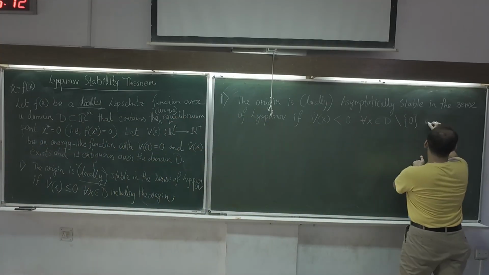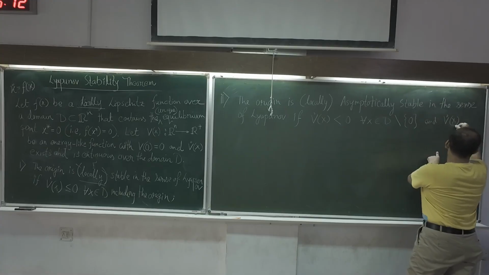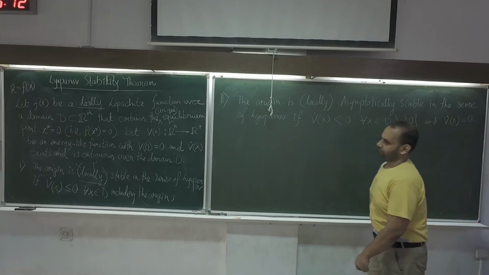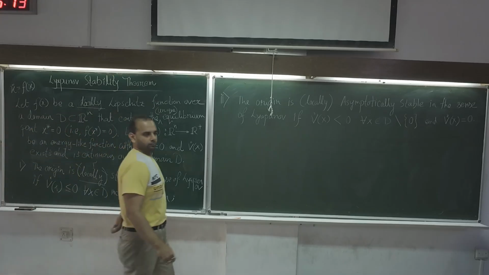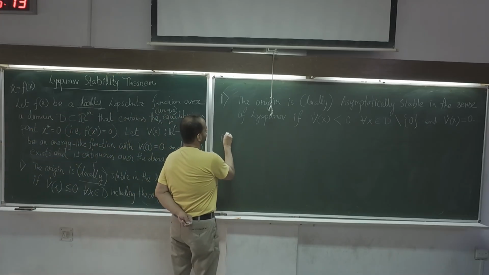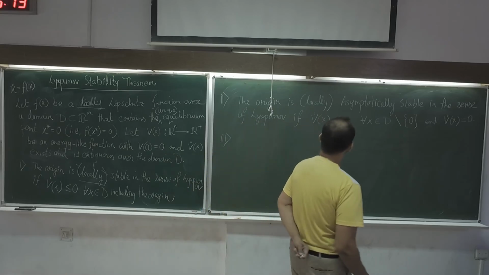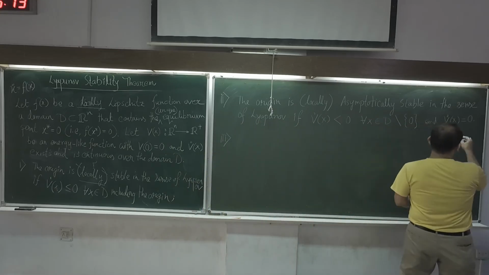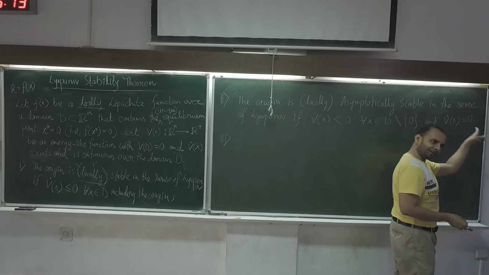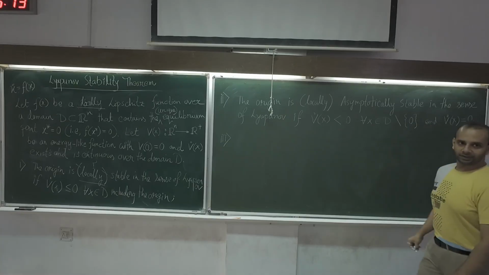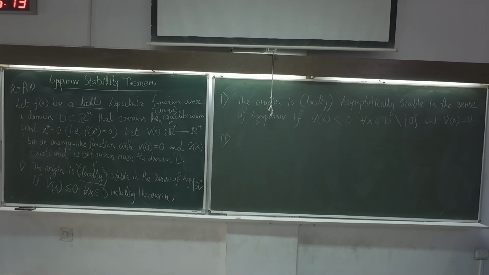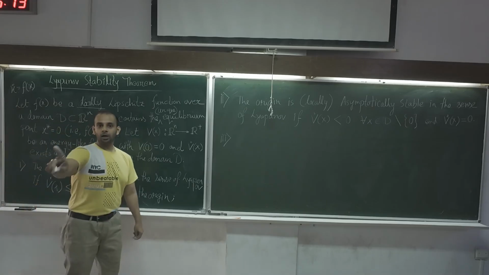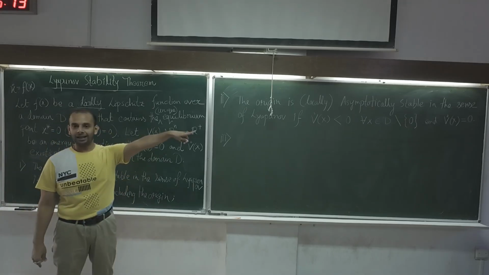So if this one and V dot of x equals to 0, at x star, V dot x star, that is this one, it will imply that, because it's a positive definite function, right? You see, that is a good point, good one. That is the doubt you had, I understood.